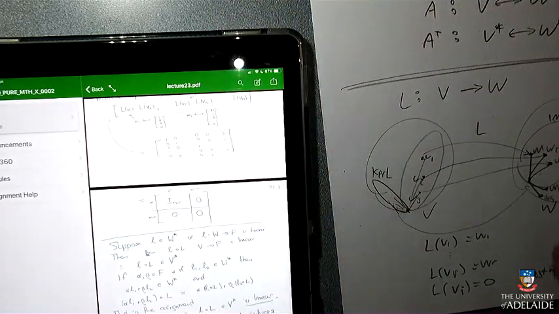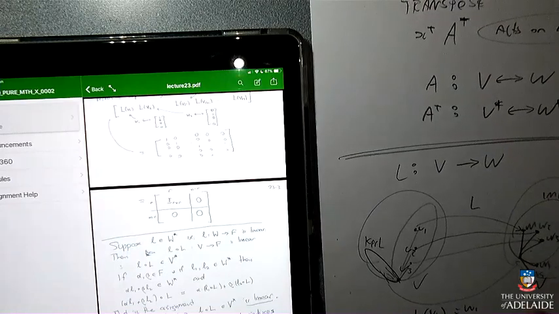And so now we're saying, suppose little l is in W star.